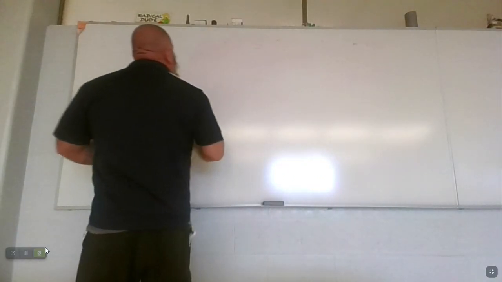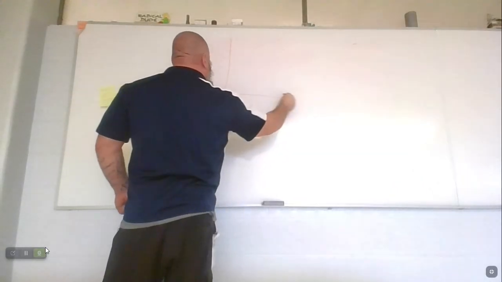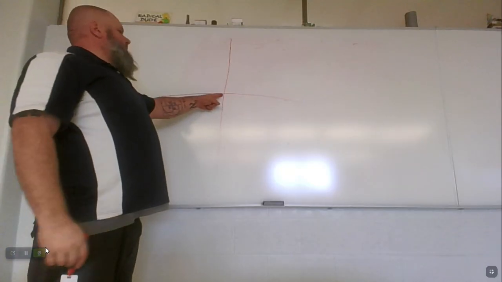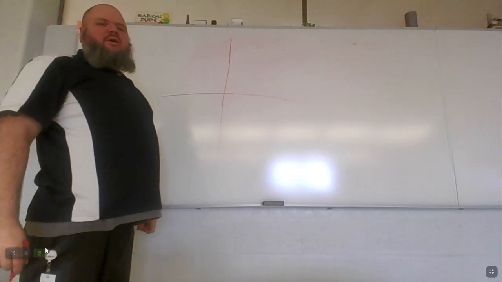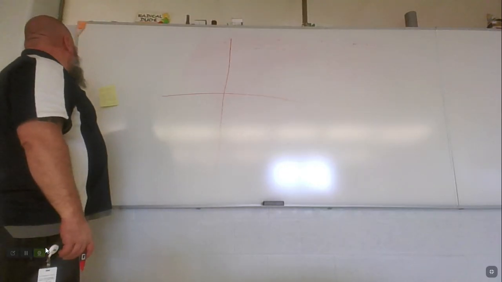I'm going to make a coordinate plane. Remember, you have your x-axis and your y-axis. I don't think I mentioned it in the other video, but your point 0, 0 is known as your point of origin. So if you want to remember that, it's the point of origin.